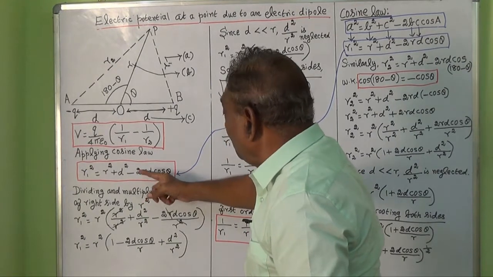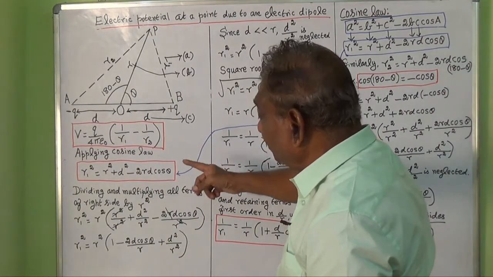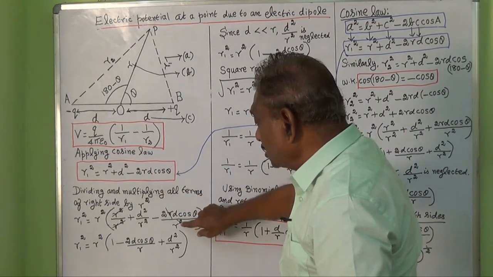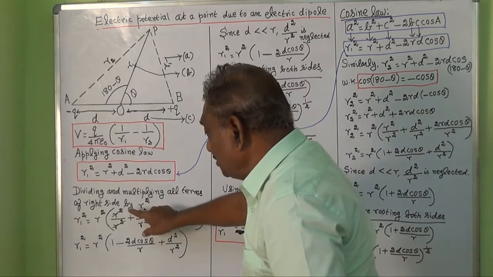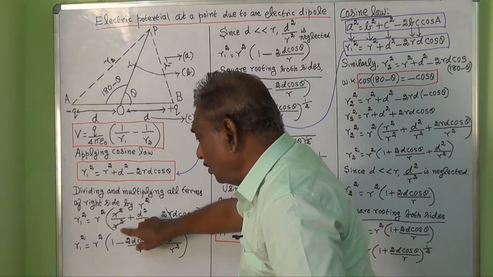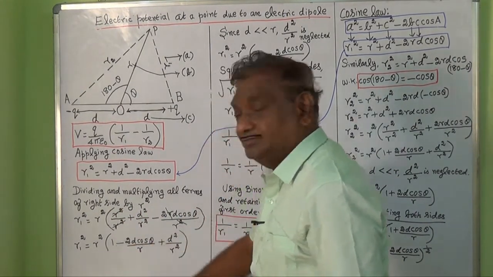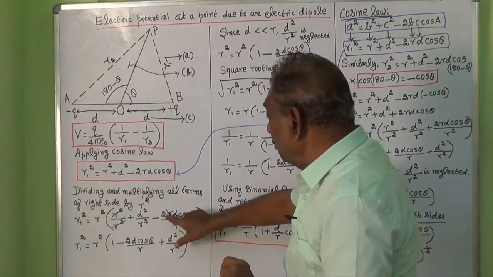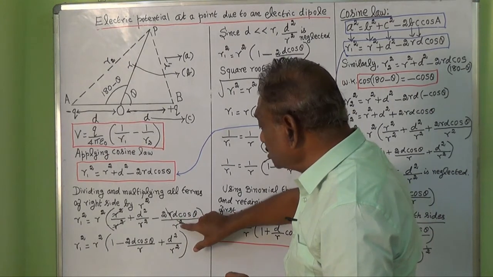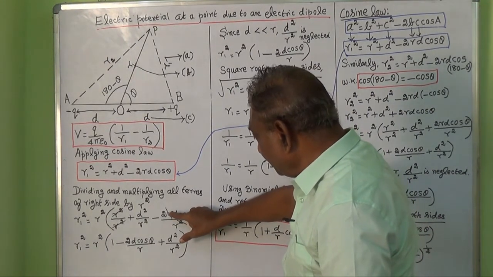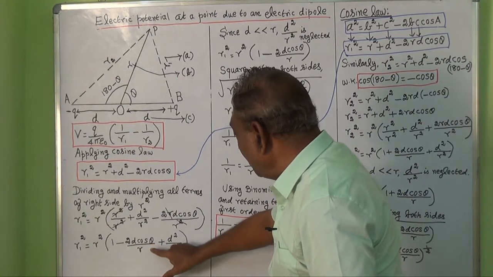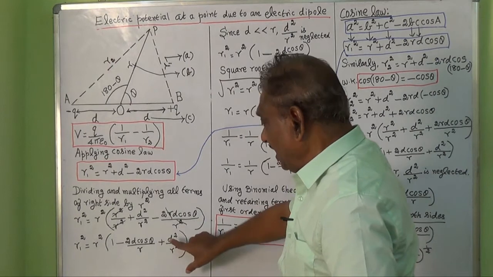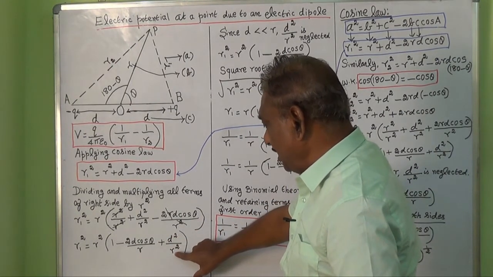After that, we divide the third term, minus 2rd cos theta, by r square. If we simplify r square by r square, we get 1. If we divide 2rd cos theta by r square, we get 2d cos theta by r. The second term will be written as it is, that is d square by r square.